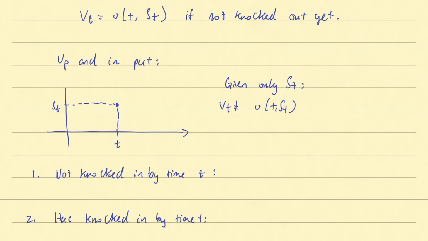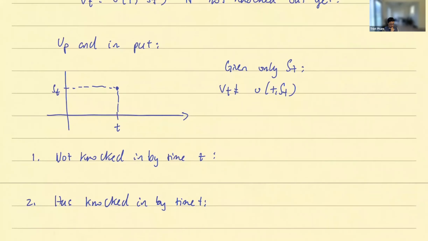I think for the second one, you're certain that you will get a payoff, but for the first one, you need the indicator function still. Very good. You're almost there. So can you say even a little bit clearer?